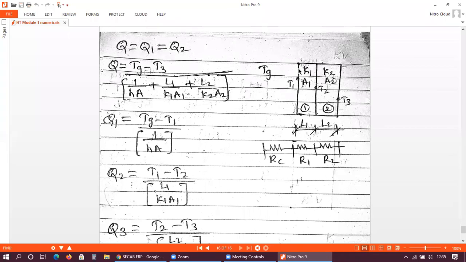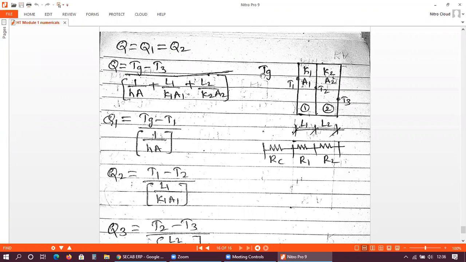The inner left surface of the wall is subjected to gas, which is at a higher temperature. So heat will transfer initially from the gas to the wall, then from the extreme left wall to the intermediate wall, and from the intermediate wall to the extreme right wall. The heat transfer takes place from left to right.